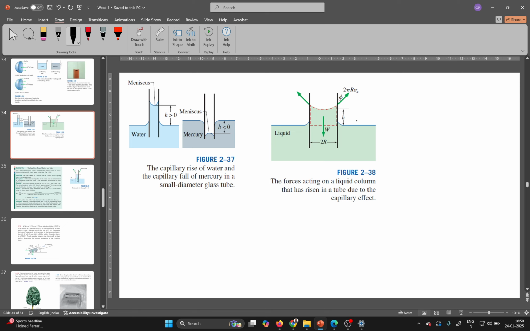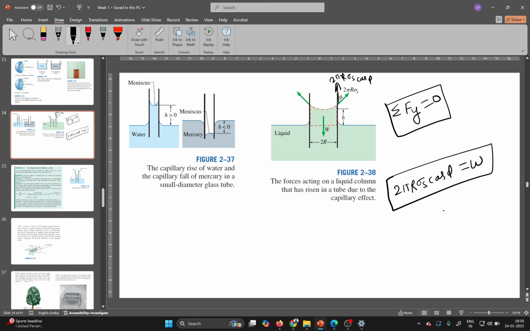If I balance summation of y equal to 0, in the vertical direction we have 2 pi r sigma s cos phi, and in the downward direction W. So 2 pi r sigma s cos phi is equal to your weight.